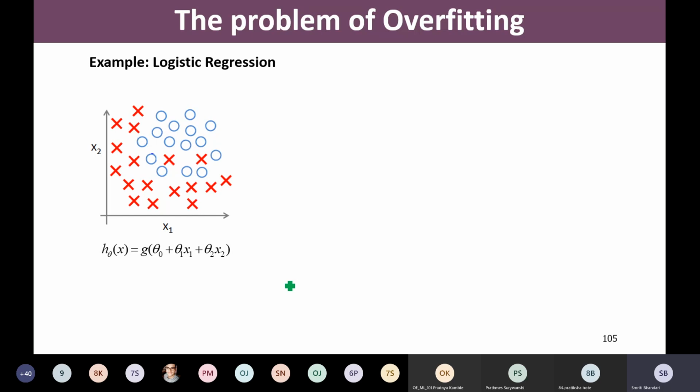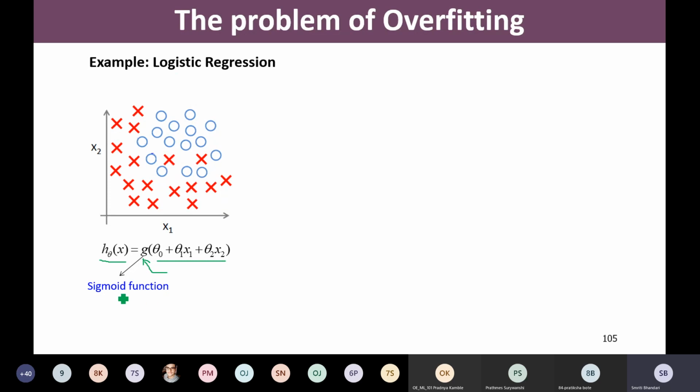Now, if we use a hypothesis h theta x of the form g of theta 0 plus theta 1 x1 plus theta 2 x2, this is comparatively a very simple hypothesis. Please note that we are using the sigmoid function g, as this is logistic regression.